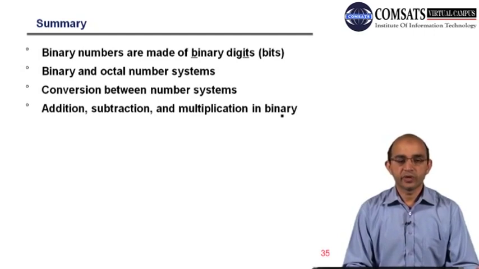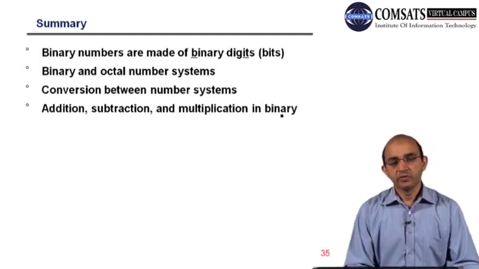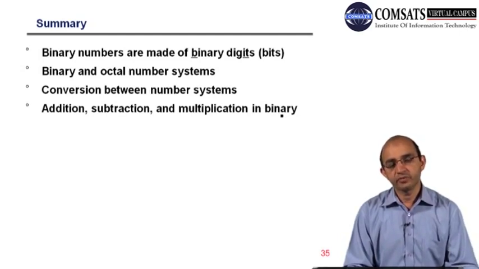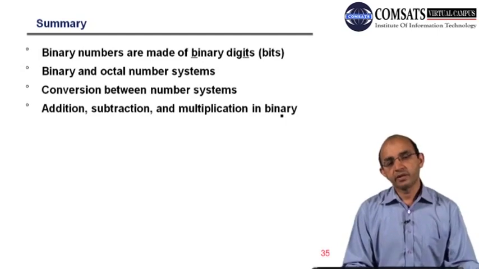One of the biggest justifications is that if we talk about the decimal number system, we have to handle 10 different voltage levels, because in the decimal number system we have 10 different values starting from 0 to 9. So think about a design based on the decimal number system.